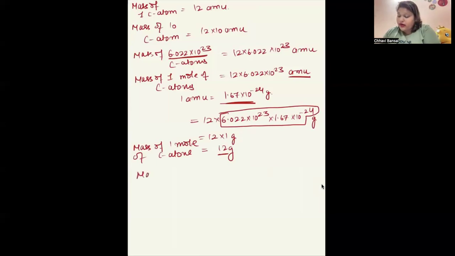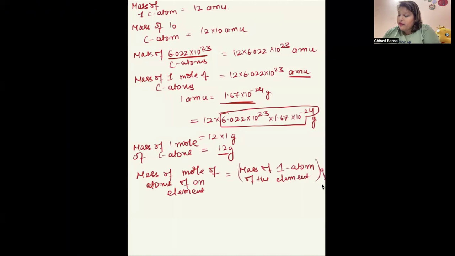So, can I write mass of 1 mole of atoms of an element is equal to mass of 1 atom of the element, but in grams.